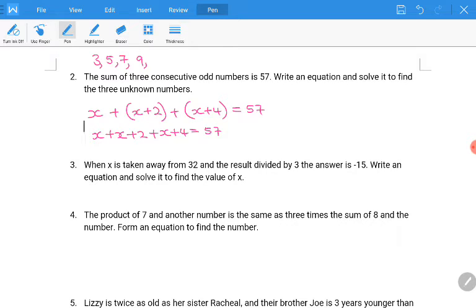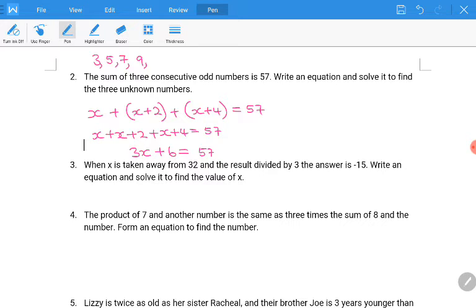So the equation that we are going to solve here is x plus x plus x, this is 3x, plus 2 plus 4, this gives us 6, is equal to 57. So this is the equation that we are going to solve.